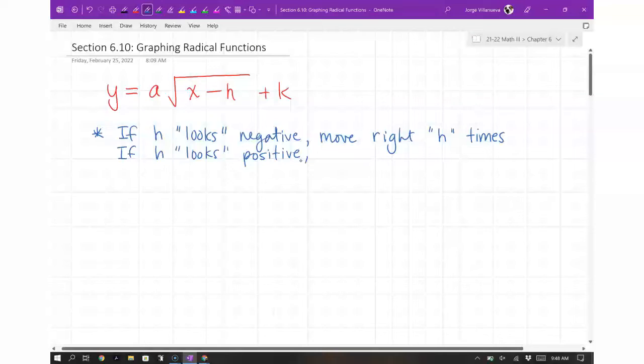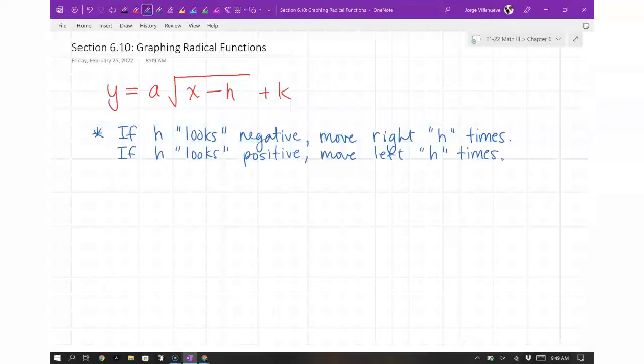But it's going to look positive. If it looks positive, you're going to move left h times. Okay? So a minus on the inside of the function, you go right. A plus makes you go left. Okay? So that's your h portion.